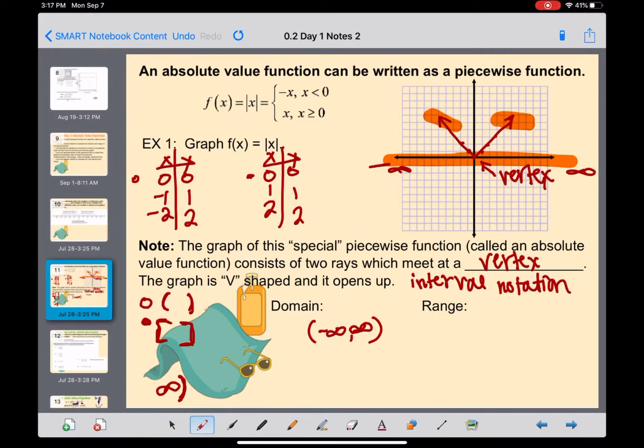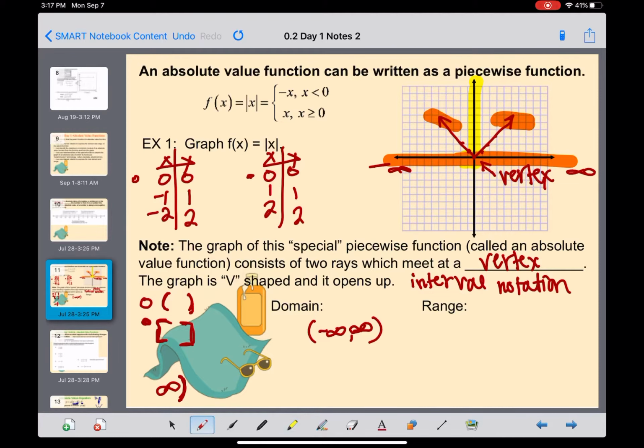And then the range is starting at the bottom of the graph. So we're starting at the very first y value we get, which is right here, and then moving up. Since those are arrows going up, it's going to go on forever in that direction. I do get to include 0.